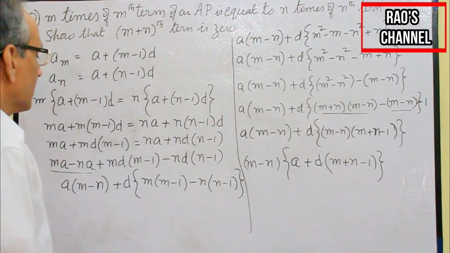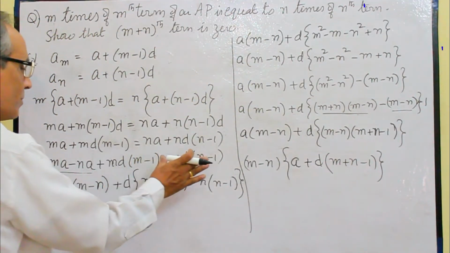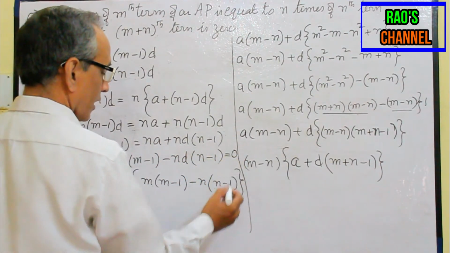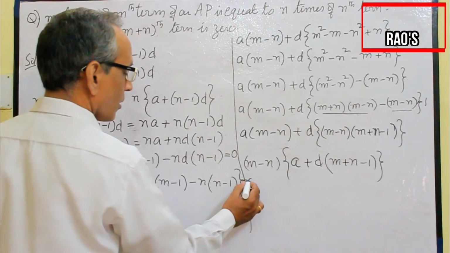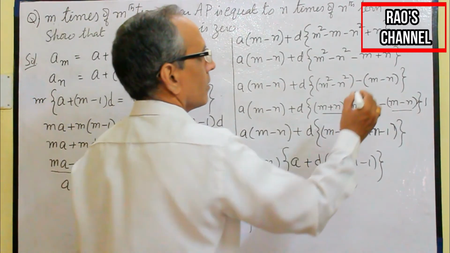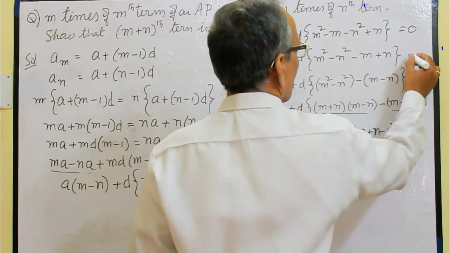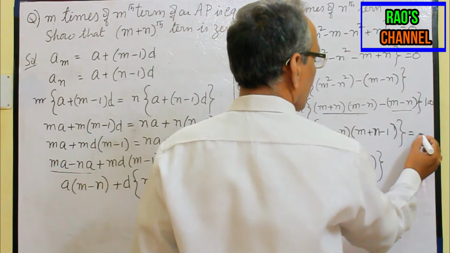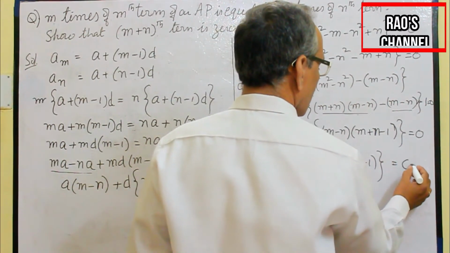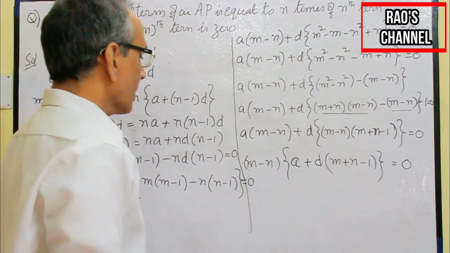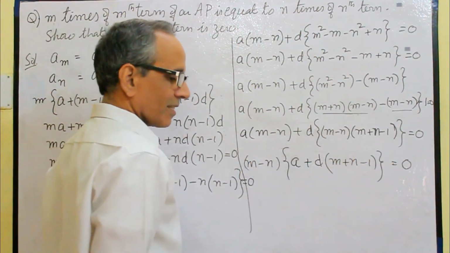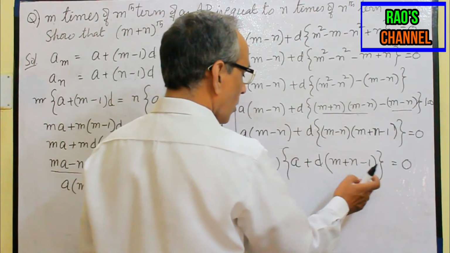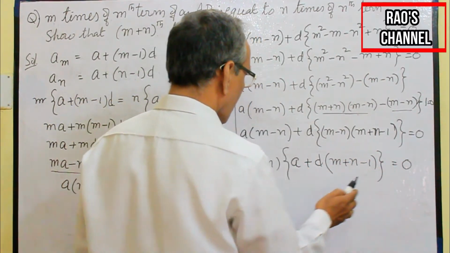When we transfer everything to the LHS, we remain with 0 on the right side. So (m minus n) times (A plus (m plus n minus 1)d) is equal to 0. Now we have two factors: either m minus n is 0 or the other factor is 0.